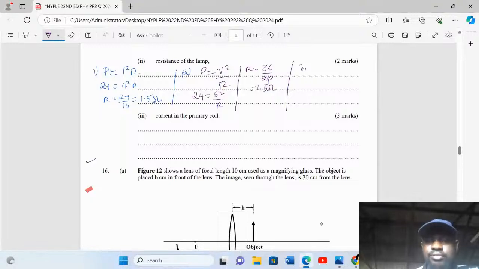Or number 3, you can use the formula V is equal to IR.